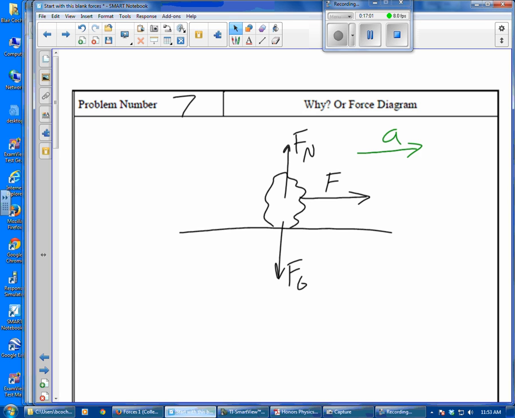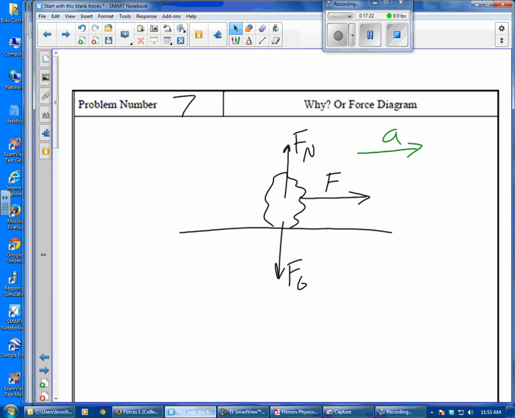When you hear net external force or net force, it means it's not the only force on it, but it's what they all add up to. So what's going to happen with the normal force and the weight here? They're going to, in essence, cancel each other out. So I'm only going to worry about the x direction here again.